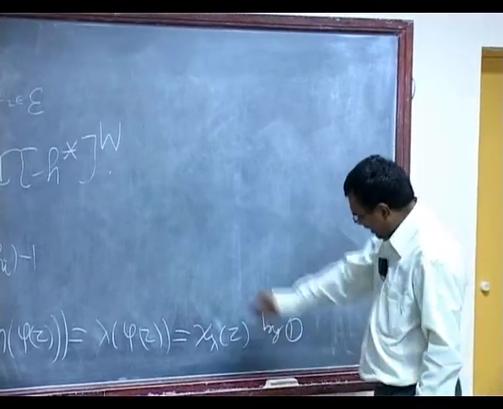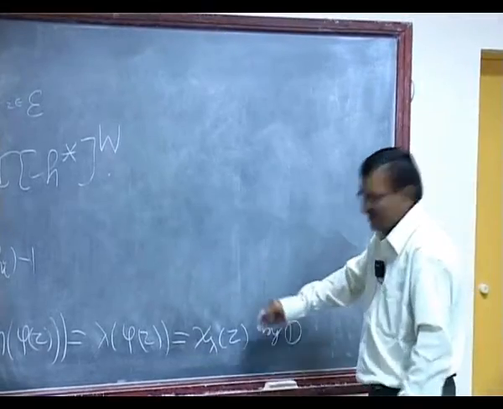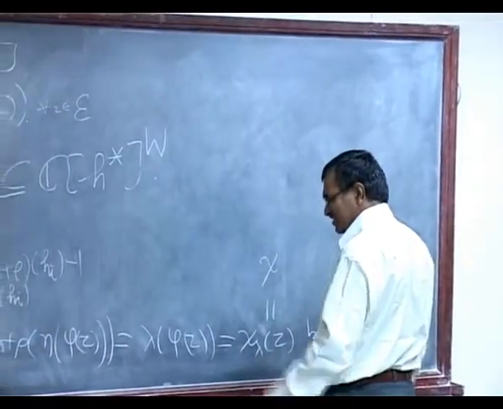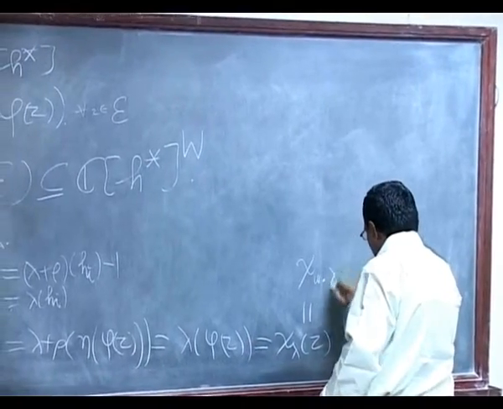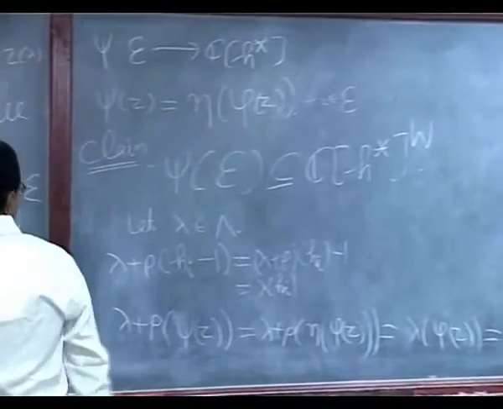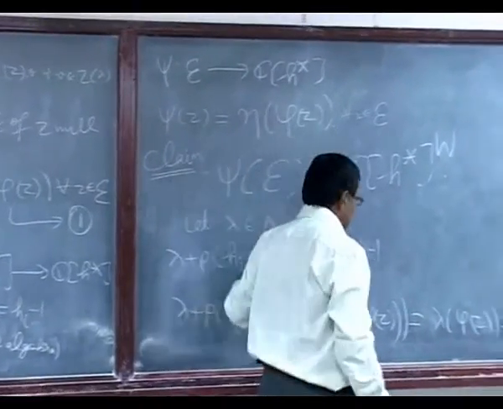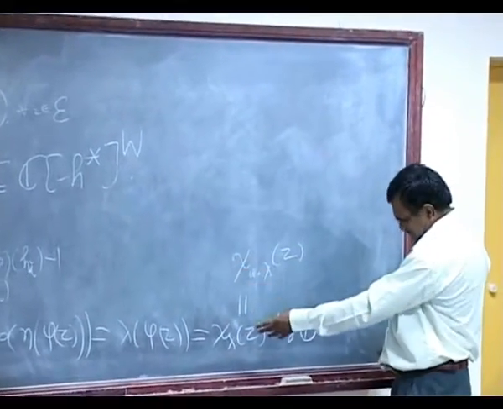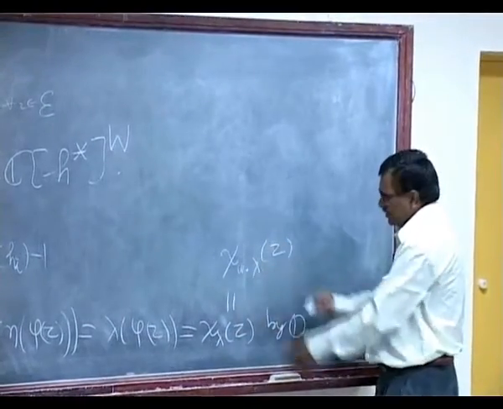But no, can I write here? So it will be very clear to see also. So here chi w dot lambda of z, because now lambda is integral. You have assumed lambda is integral here, therefore chi w dot lambda of z is the same as chi lambda of z. This is by the previous lemma.